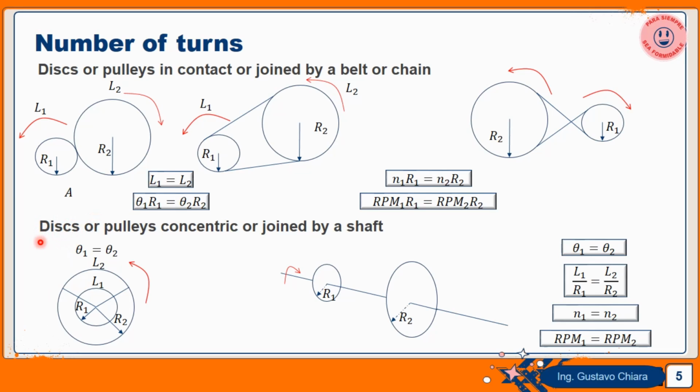So in both pictures the sweep angle is equal. Using the formula before, the length of arc 1 divided by radius 1 is equal to length 2 divided by radius 2, and obviously the number of turns in both cases is equal. So it means that the RPM, revoluciones por minuto, are the same.